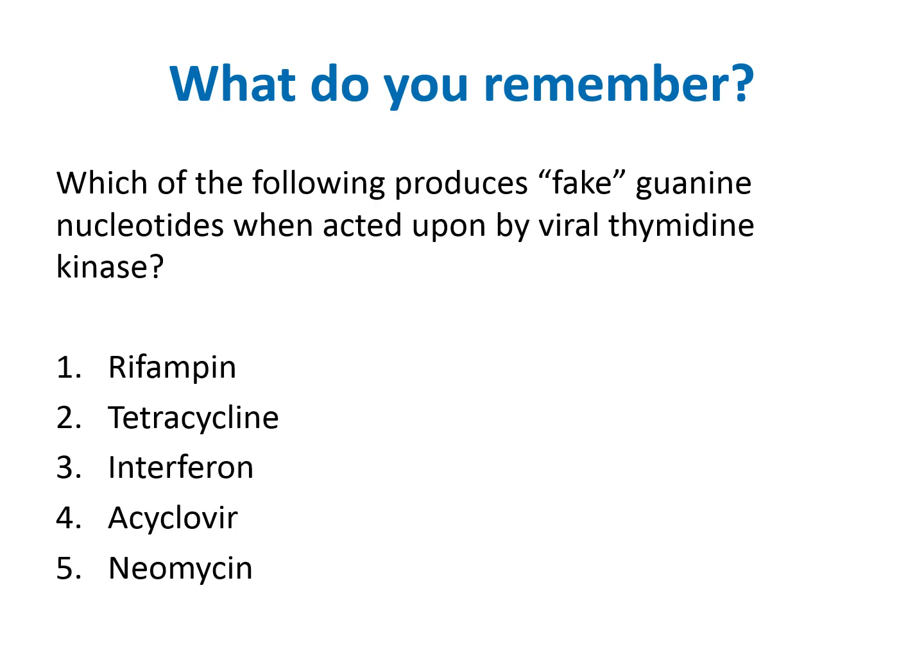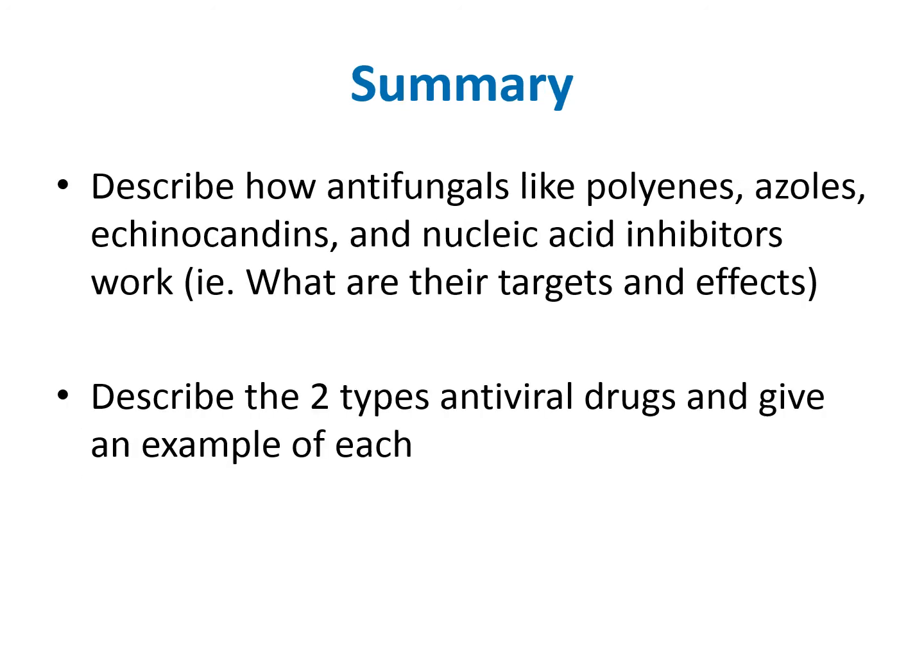Which of the following produces fake guanine nucleotides when acted upon by viral thymidine kinase? Is that rifampin, tetracycline, interferon, acyclovir, or neomycin? I knew you'd get that. Acyclovir. Great job.